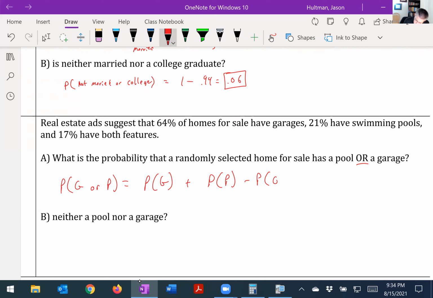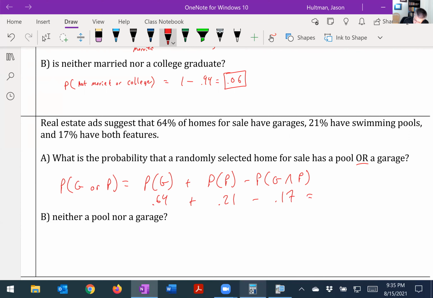Gosh, I keep doing this backwards. So probability of garage is 0.64, probability of pool is 0.21, minus the probability that they have both, which is 0.17.